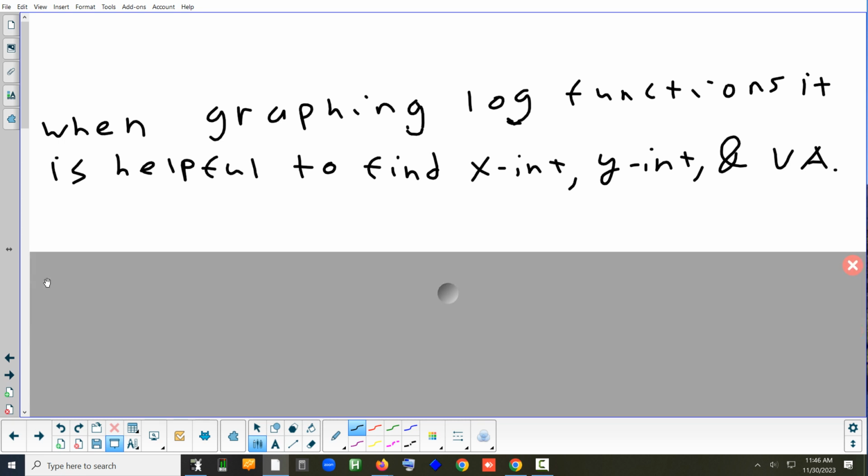So to sketch a log function, one thing that's very important is to find the vertical asymptote. Because once you find that, then all you really have to do is figure out, does it curve to the right from that asymptote, or does it curve to the left? So finding the asymptote is the most important thing. If you can find the x and the y-intercept, that's okay too.